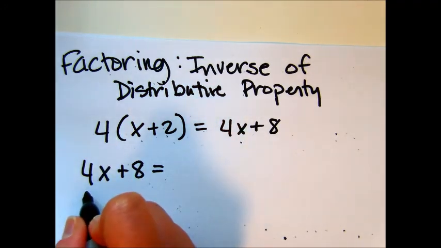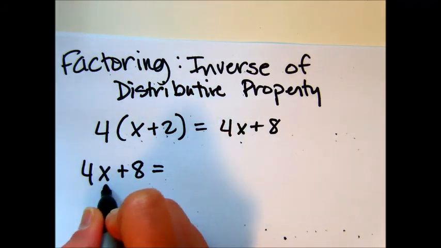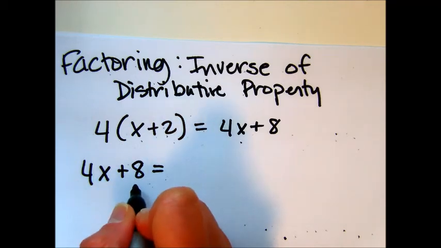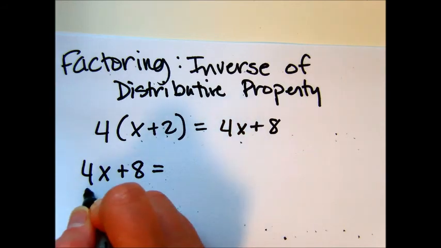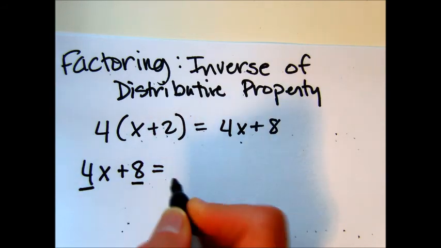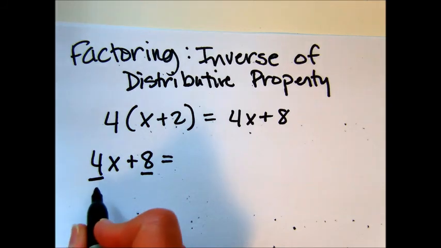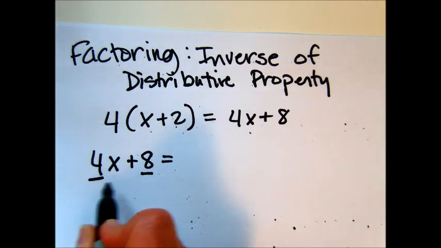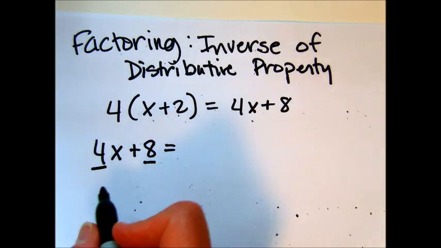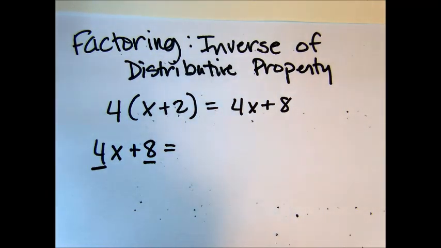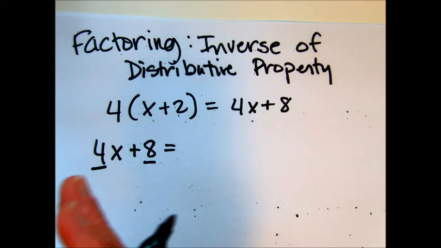In this case, we've got a 4 times an x, and this one just has an 8. So because both terms do not have an x variable, look at just the numbers. What factor does both 4 and 8 share? And remember, factors are the numbers that when you're multiplying together, you get your answer.